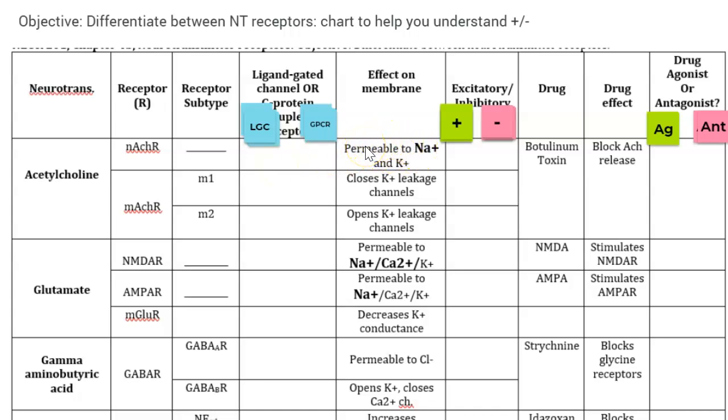You can technically logic and reason the answer for this from this, and then you can also logic the excitatory or inhibitory effect for each receptor from what you're seeing here.